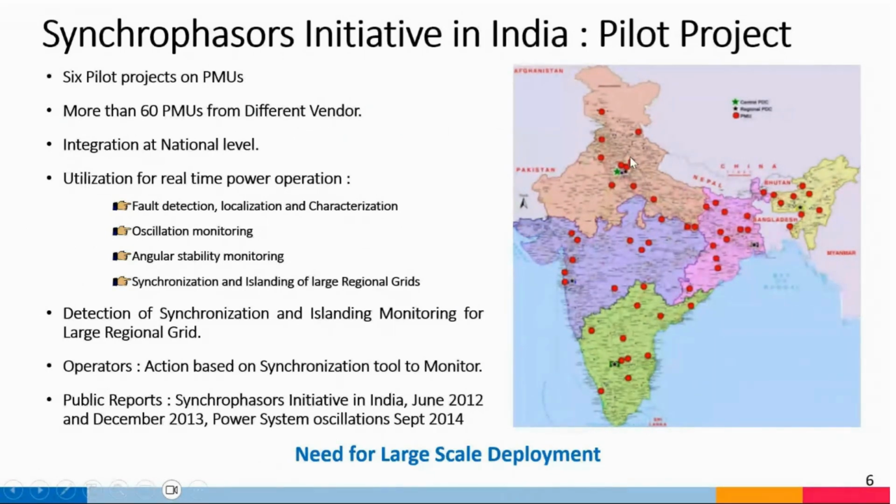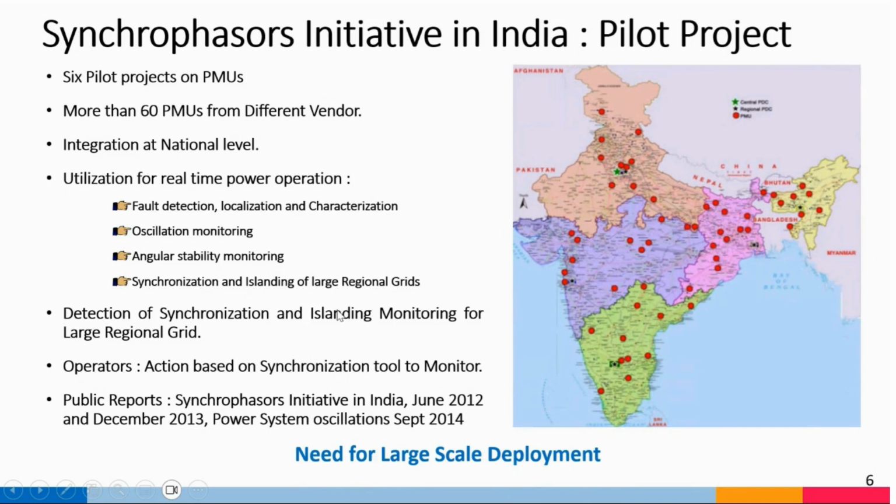This was a unique experience. We are looking at how it can be utilized for real time operation, like fault detection, localization, oscillation monitoring, angular stability monitoring, and synchronizing two large power systems, which happened in 2013 with the integration of this portion of the grid with the southern grid. This was also a unique use case of synchrophasors in real time for synchronization and islanding of the large power system.